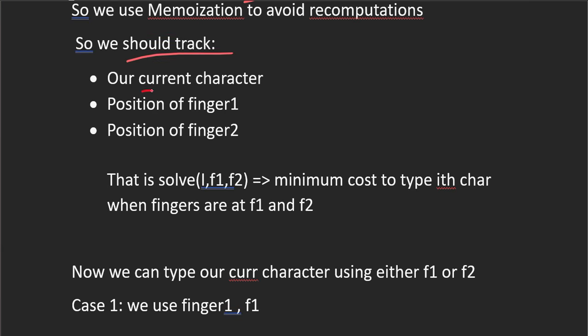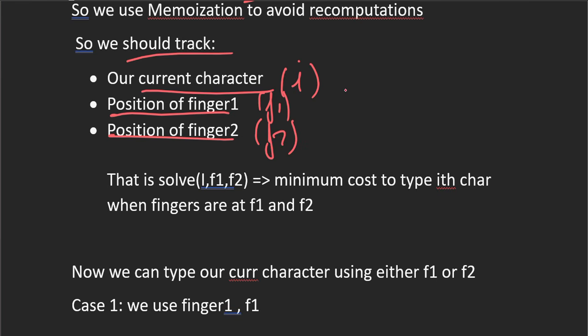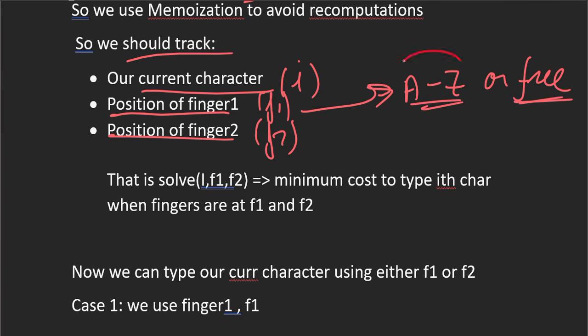The one thing is the current character which we have to type, let's say I, then our position of finger 1, let's say F1, and position of finger 2, F2, right? So the position can be from A to Z or free. These are the two possibilities. Either the fingers are present on some character from A to Z or they are free, right?